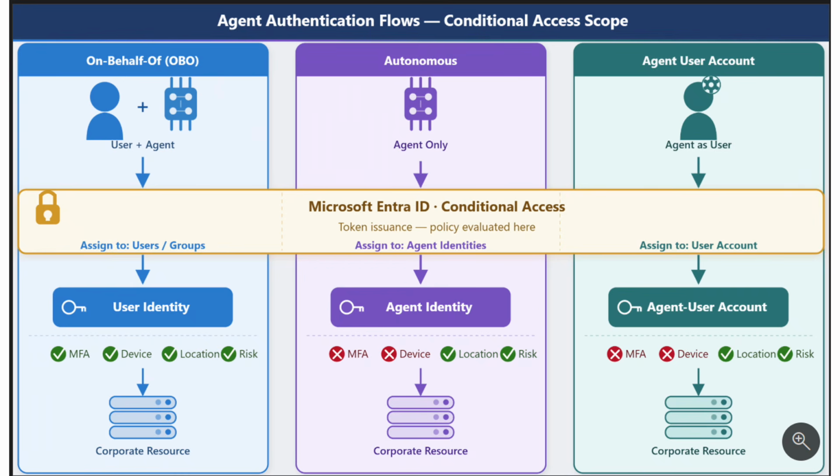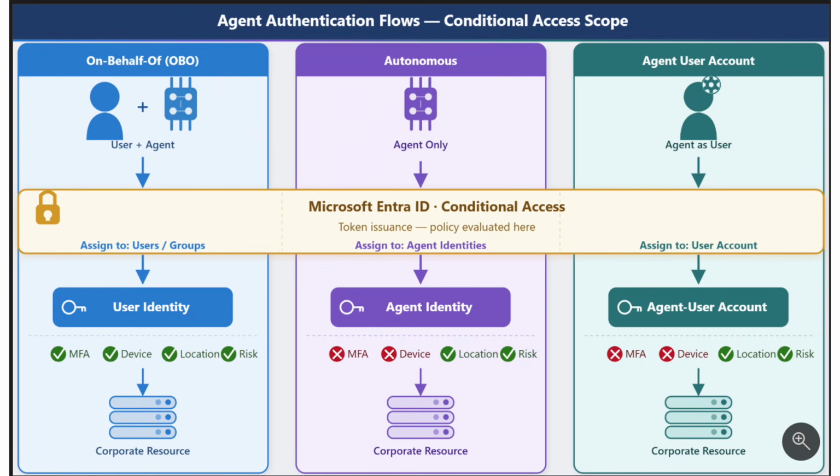The main idea is that Microsoft Entra Conditional Access checks who is actually requesting the token, and that determines which identity the policy should target. So even before we go into conditional access and start creating policies, we need to understand the type of agent that needs the conditional access so that we know what kind of policy to create.